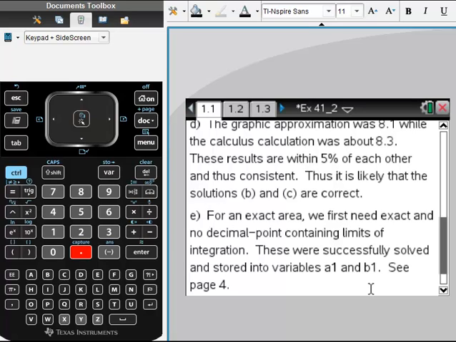Now, we sort of cross our fingers as we now attempt.